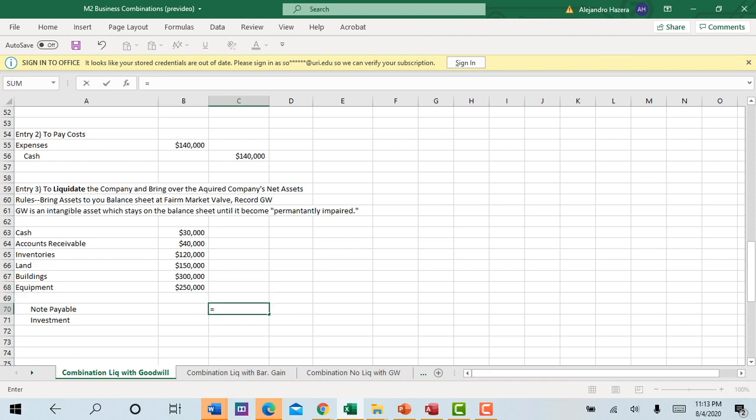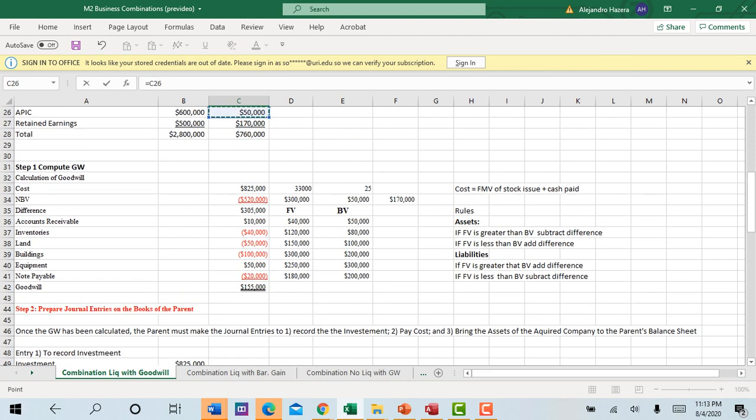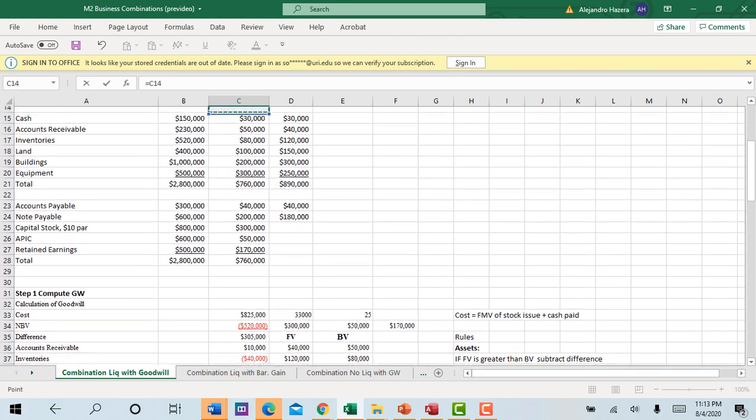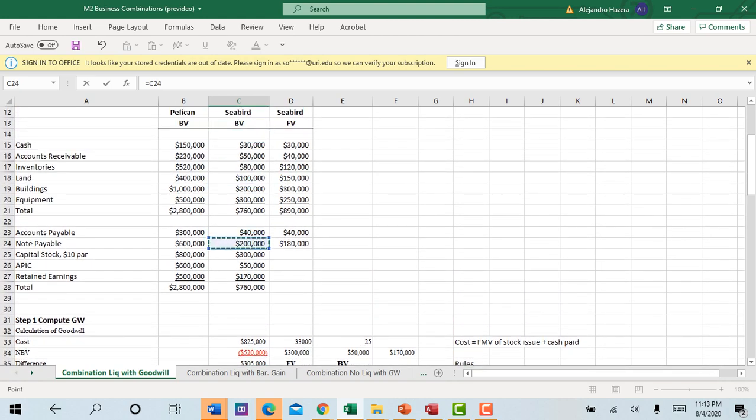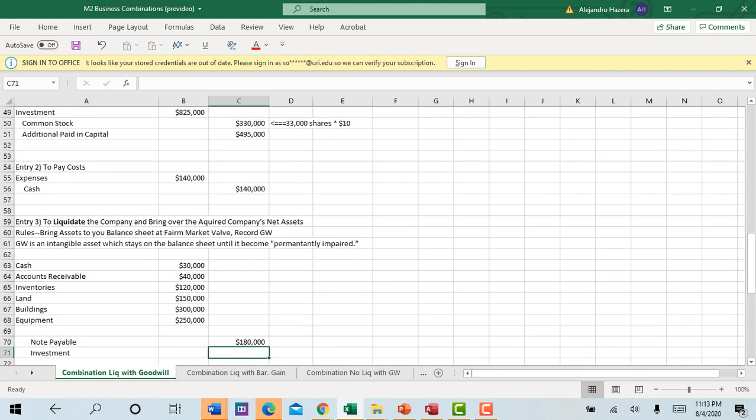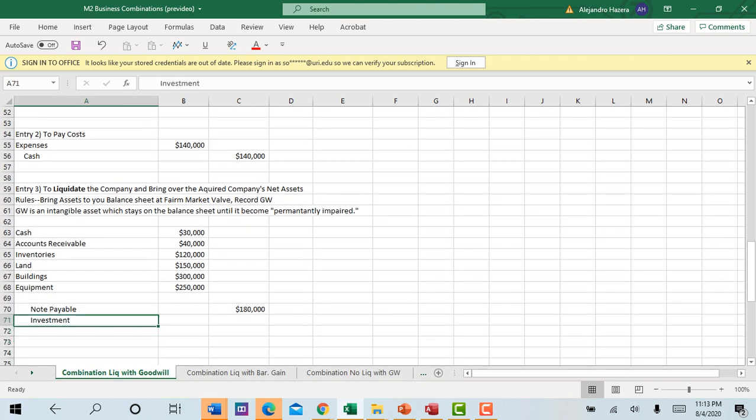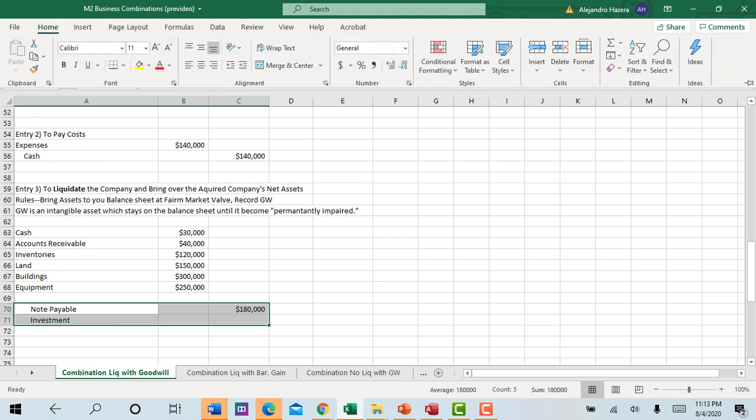Now, let's get the credit in. Notes payable has a fair market value of 40. By the way, I should have definitely brought over accounts payable here. So I'm going to just move these down one row.